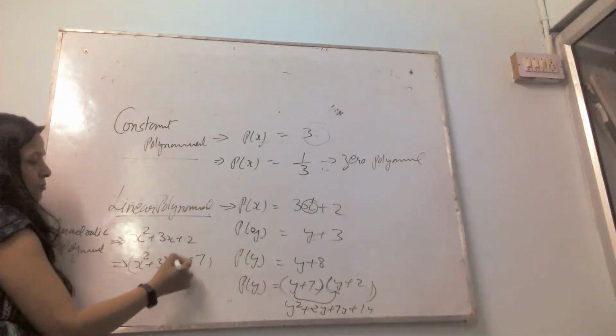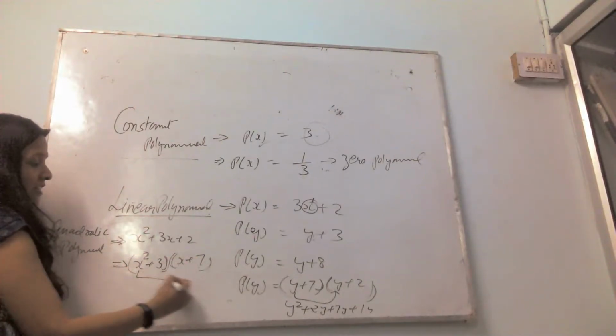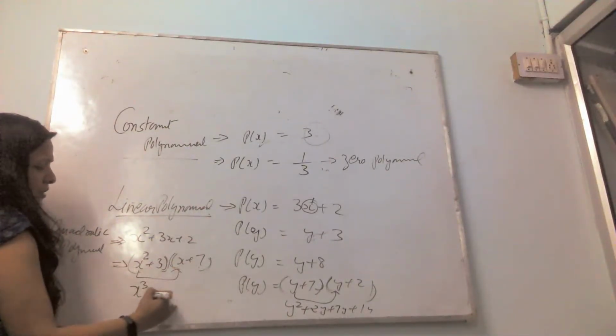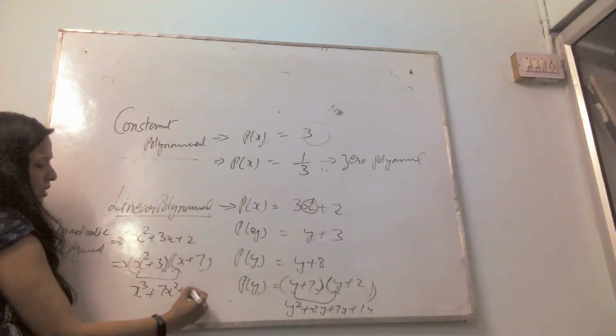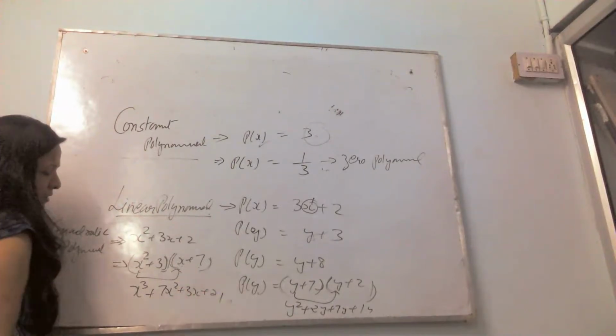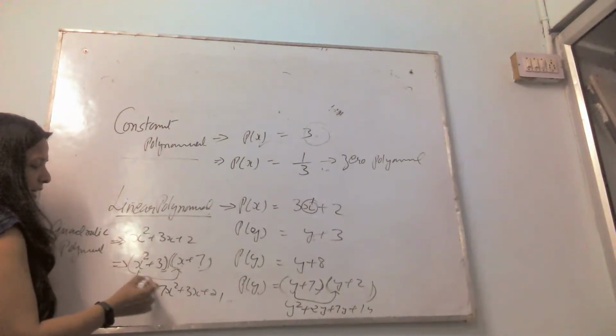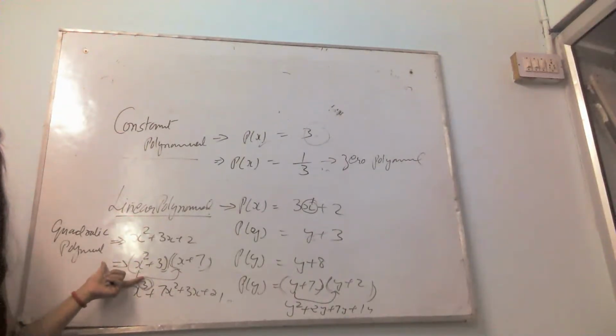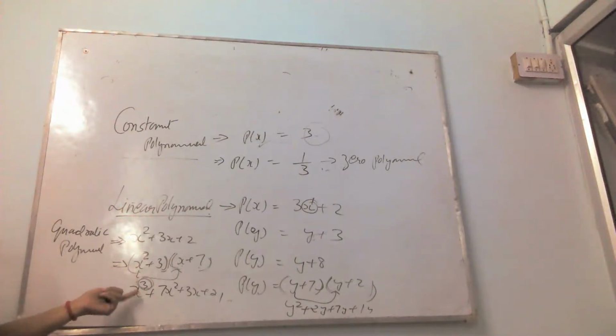No. You have to simplify the bracket and find the exact result: x to the power 3 plus 7x square plus 3x plus 21. Now you realize that the power is 3. It looks like a quadratic polynomial, but it is not. It is a cubic polynomial.